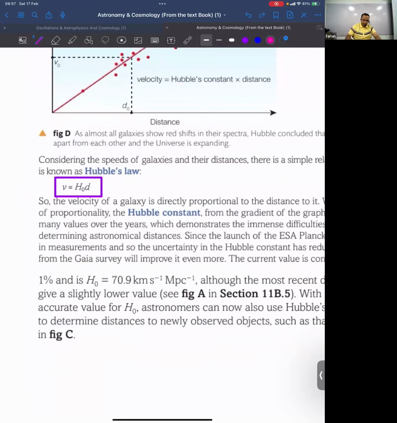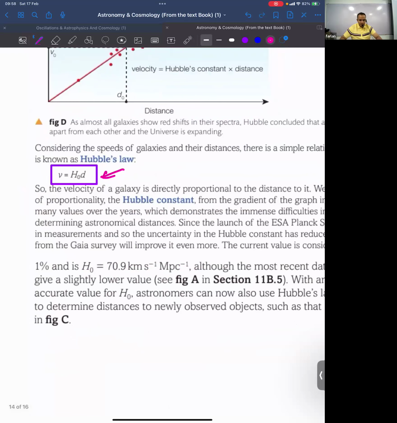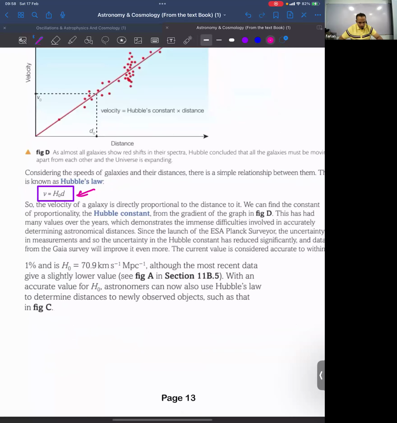What is given here is H naught. It might be a bit confusing for you because it's given in a unit like km per s per Mpc. But don't think about that for now. This is the equation. We'll see what the constant is later, where v is the speed, H naught is the Hubble constant, d is the distance.